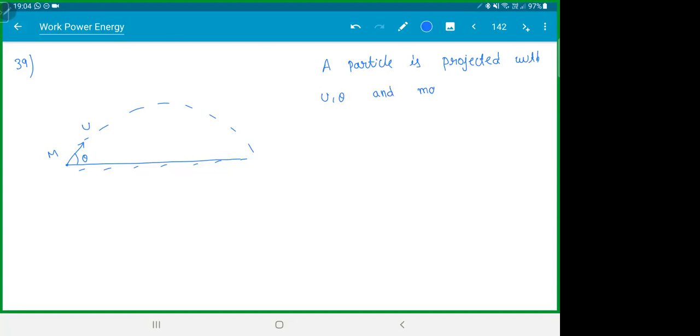Plot the power due to gravity versus time t.